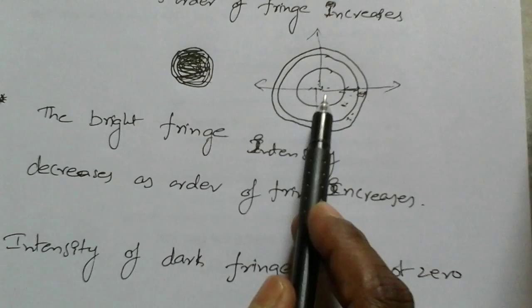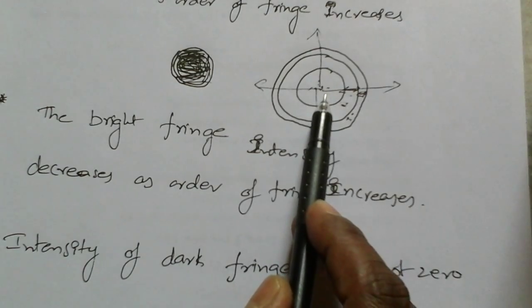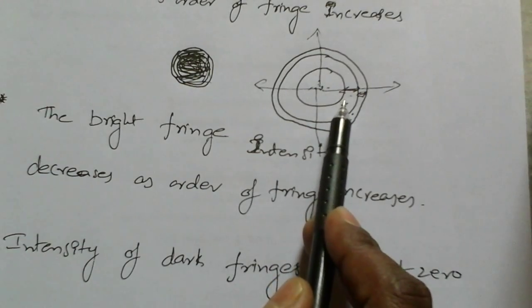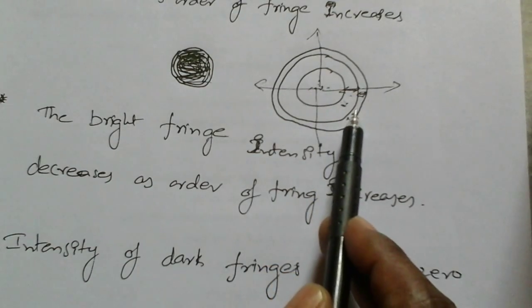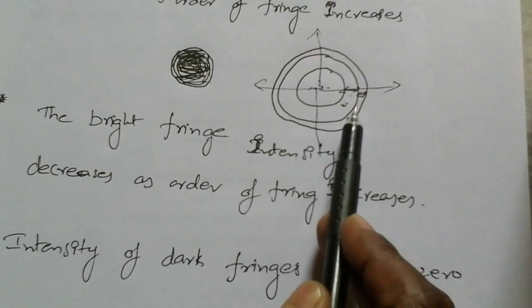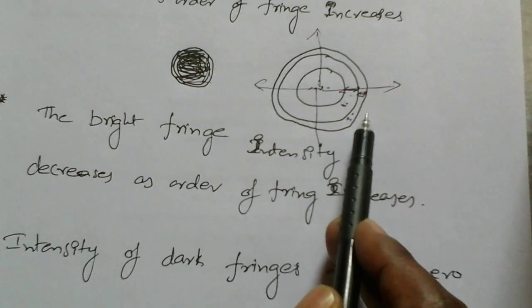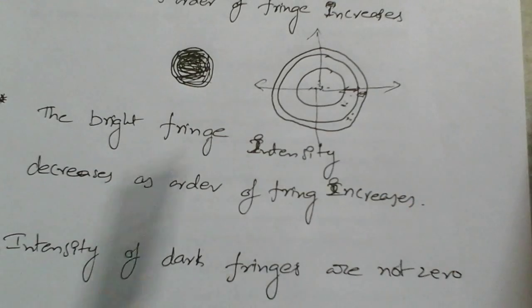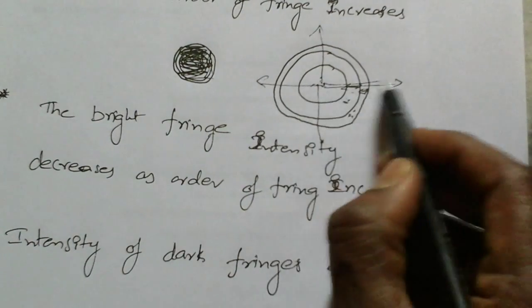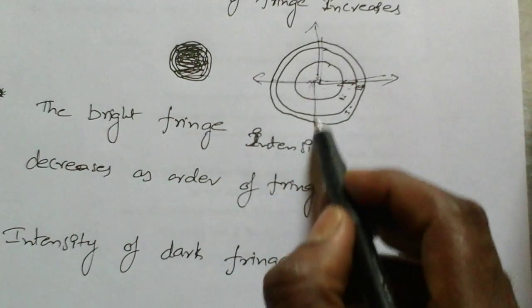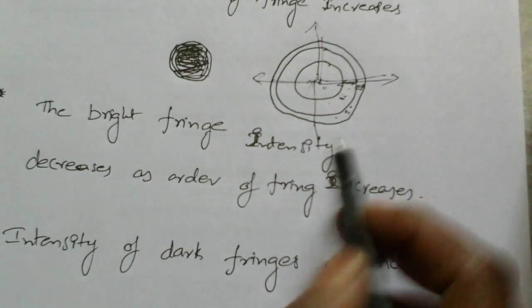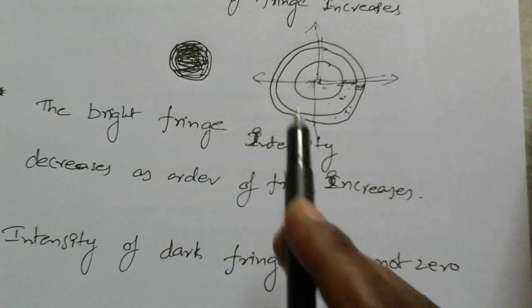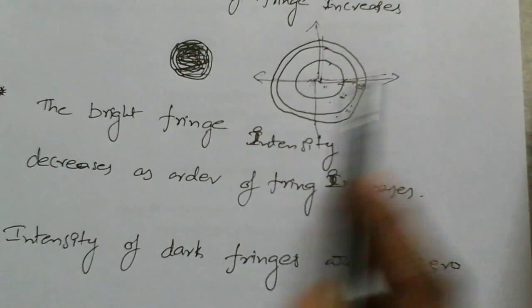See, the central bright fringe is the brightest, the next is less bright compared to the central one, and again less bright after that. As you go in any direction, the intensity of the bright fringe decreases as the order of the bright fringe increases.